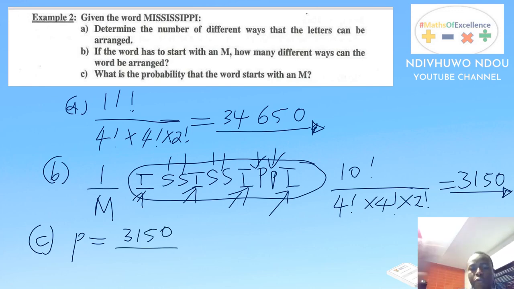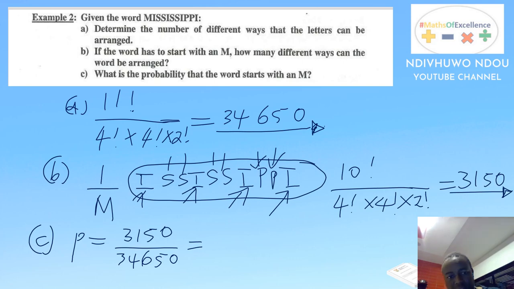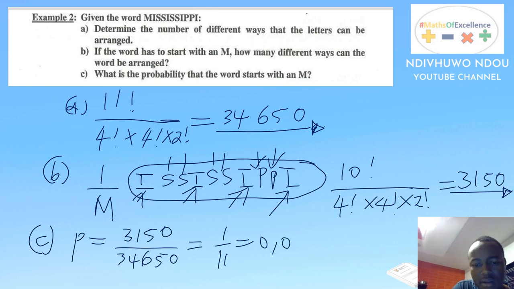The total number of ways in which you can arrange all letters, that is the total sample space, is 34,650. So it's going to be 3,150 divided by 34,650. So it's 1 over 11, 1 out of 11, which is the same as 0.09.